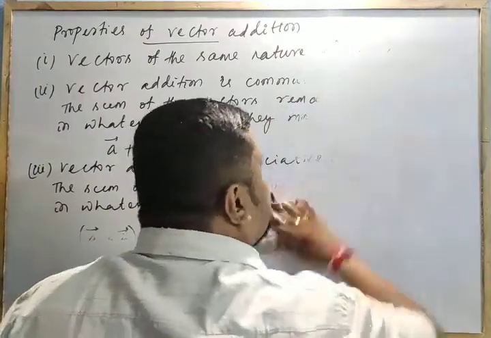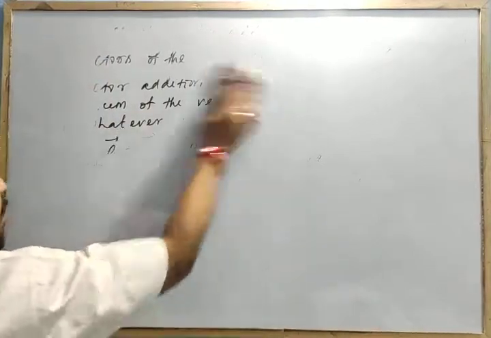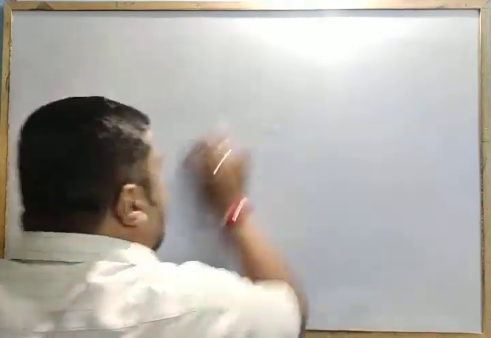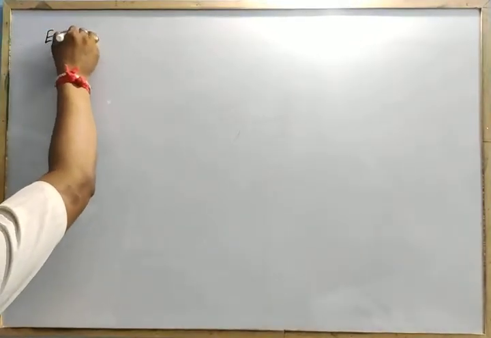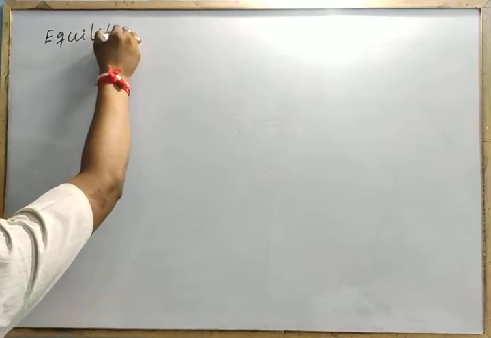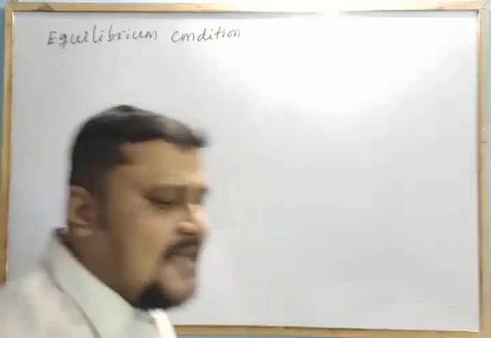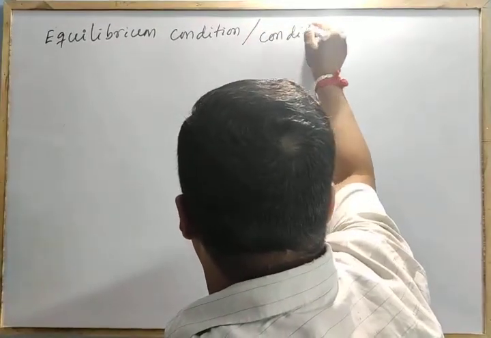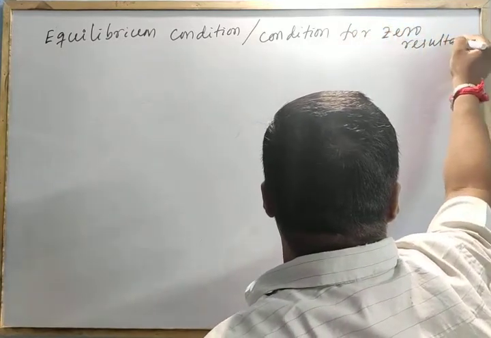Now let me make a small note on the conditions, the condition for equilibrium, or equilibrium condition, which is also called the condition for zero resultant. Already I discussed this thing.